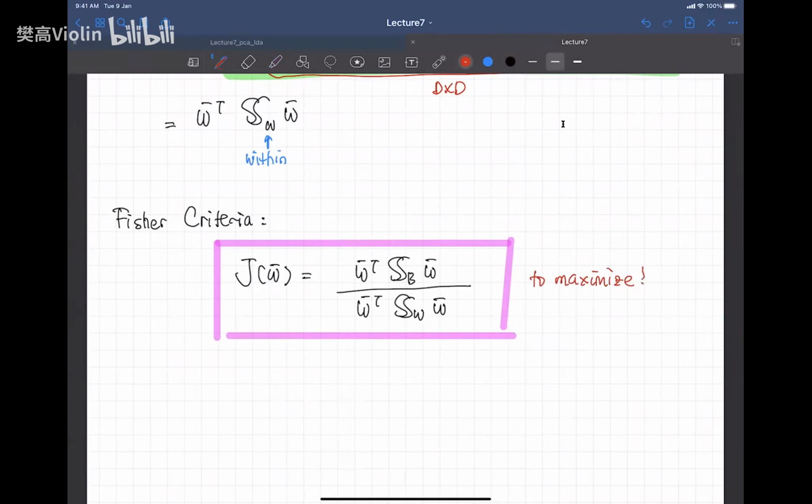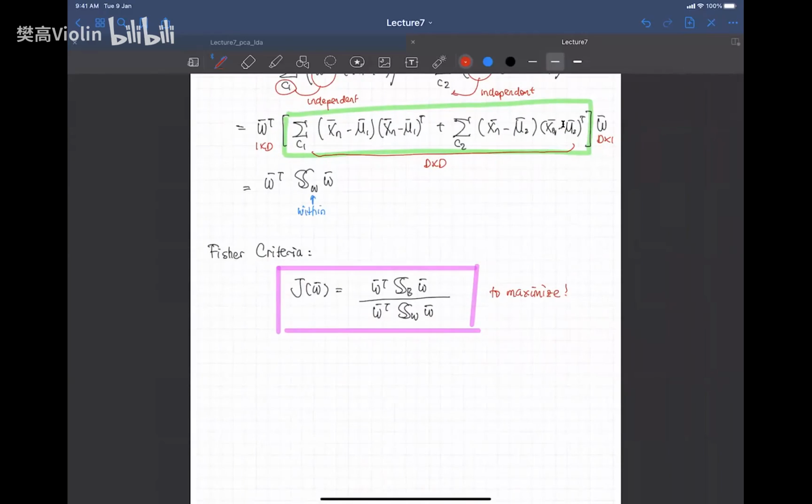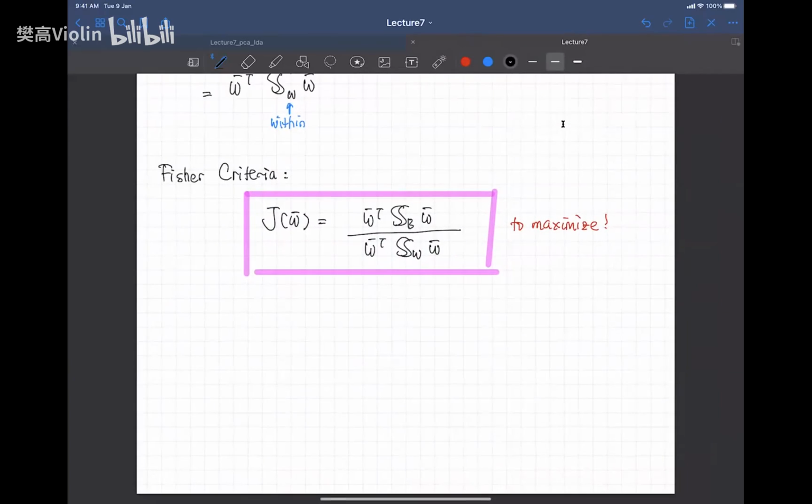Any questions so far? Any question, anyone? Okay, if there are no questions, we want to optimize this, or in this case, it's a maximization.